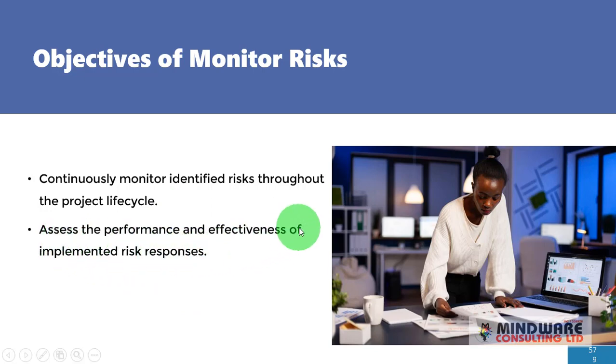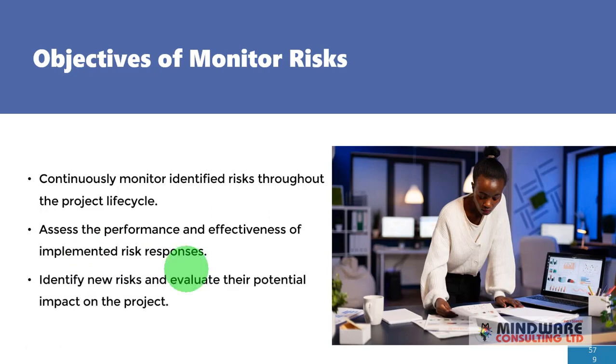Assess the performance and effectiveness of implemented risk response. So monitor risk will also help us in assessing that. Identify new risks and evaluate their potential impact on the project. Alright, so that's for that. Let's move on.